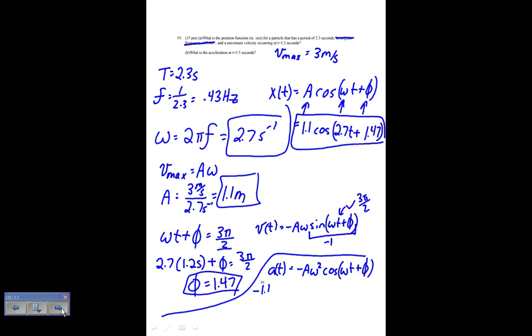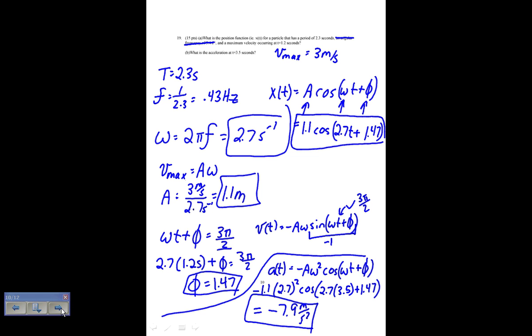Minus 1.1 times 2.7 squared, cosine of (2.7, that's omega, times 3.5, plus 1.47). If I just do that in my calculator, I find that a is equal to minus 7.9 meters per second squared. That's my acceleration at 3.5 seconds.